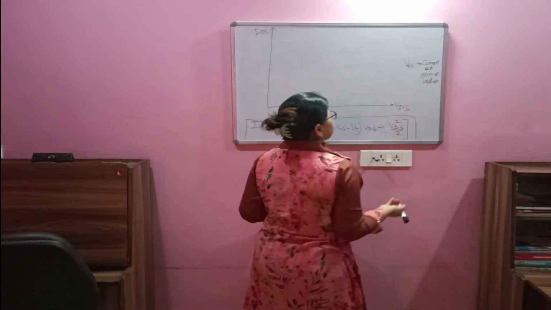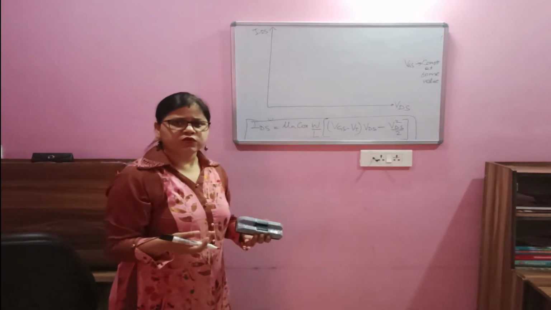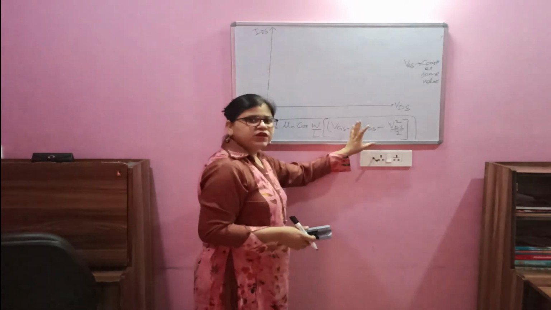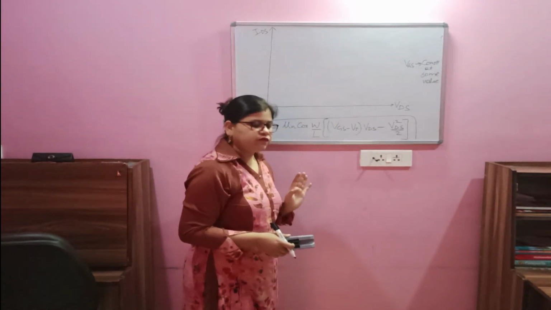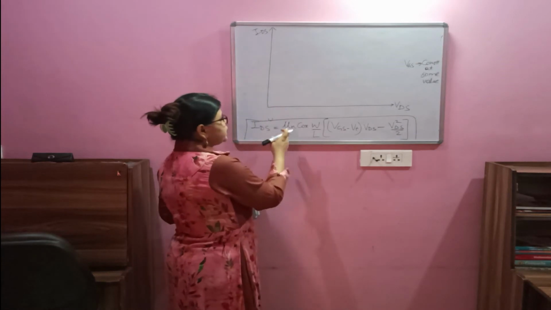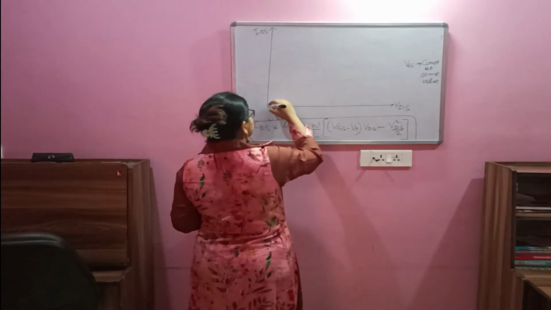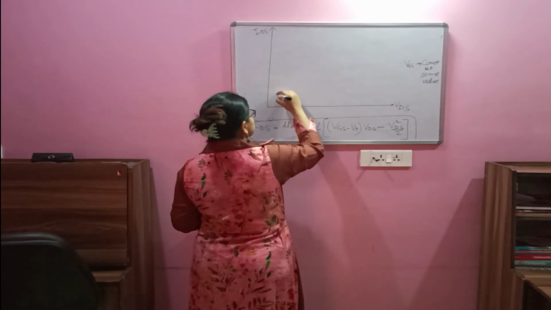It may be any value. You can suppose 4 volt, 5 volt, 2 volt, 3 volt. It's up to you. But we have to just see what behavior it will give when I plot a graph for that. Now when I fix the VGS and plot the curve, what will I get from here? I will get some points like this.